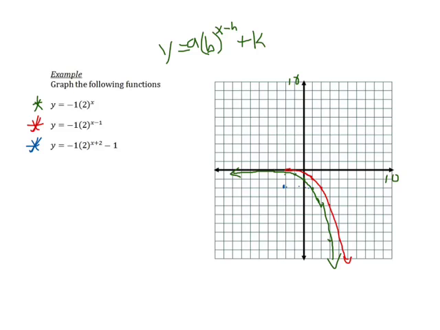And this guy right here is going to go left 2 and down 1. This point right here is going to go left 2, down 1 over here. And since we moved down 1, our asymptote here is going to be negative 1. So let's put our asymptote there and graph this.